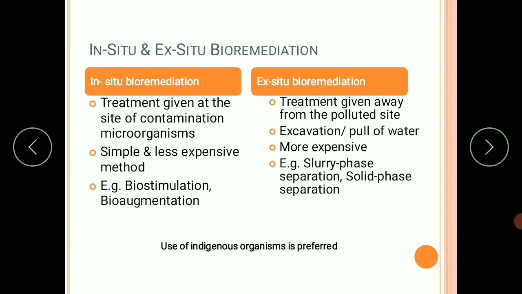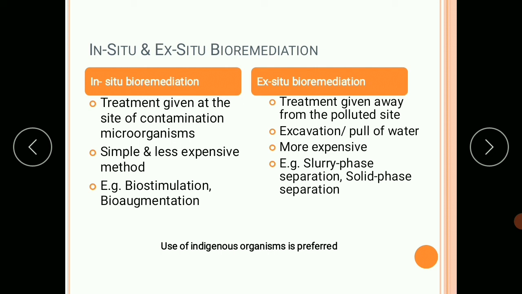We'll see now what is in situ and ex situ bioremediation. In situ and ex situ bioremediation are types of bioremediation only. In situ bioremediation, the treatment is provided at the contamination site only, at the polluted site only, and generally we use indigenous organisms for the treatment.